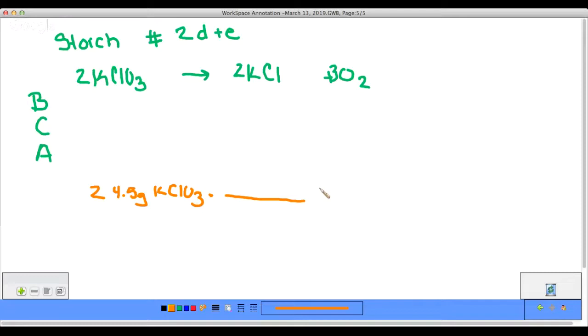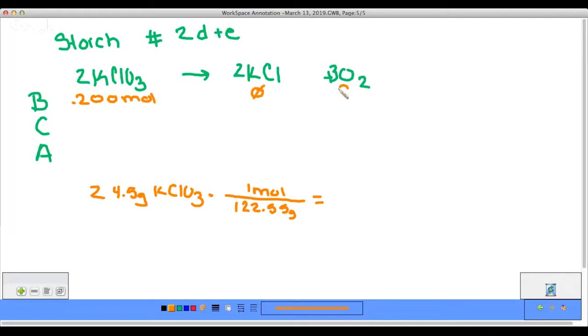We have potassium, which is 39.10, plus chlorine, which is 35.45, plus 3 oxygens, so that's 3 times 16, and I get 122.55. So I'm going to have 122.55 grams here, 1 mole on top. And that's going to give me the number of moles that I start out with. If I round this up, I'm starting off with 0.200 moles.